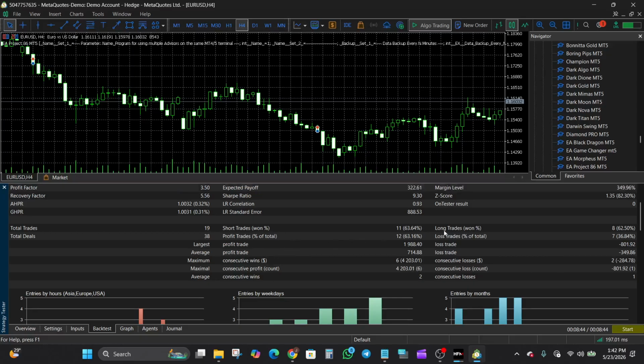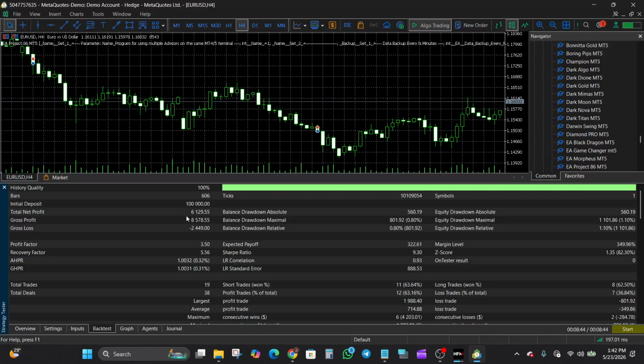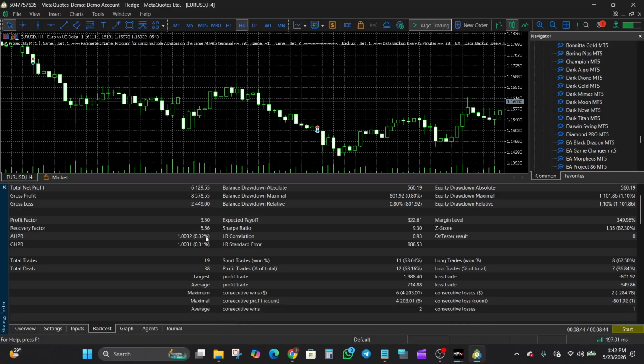So we have a good win rate and we have a good risk to reward ratio. No wonder we had a total net profit of over 6%. At least it's a reasonable total net profit. It might not be the best, but at least we had a reasonable total net profit.